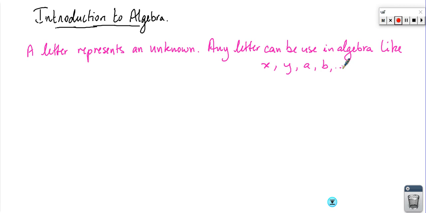Now, some notation. How we write things and what they are.